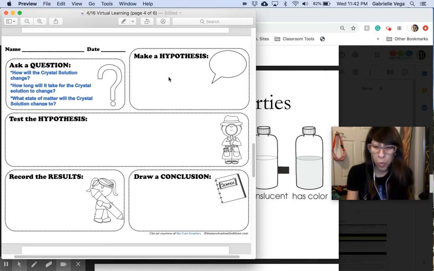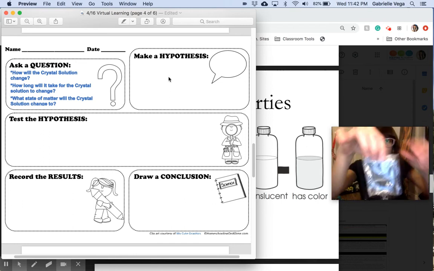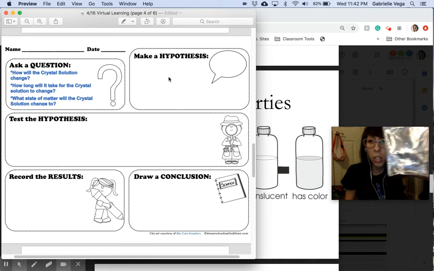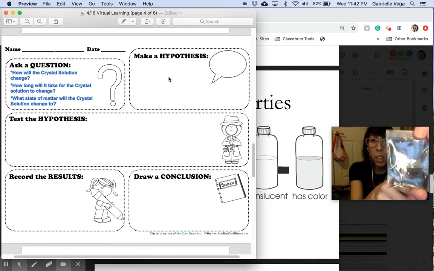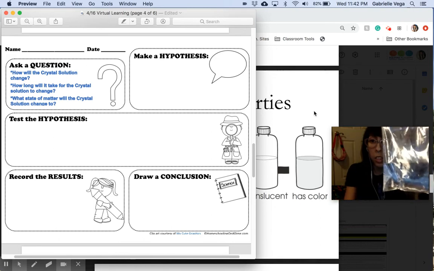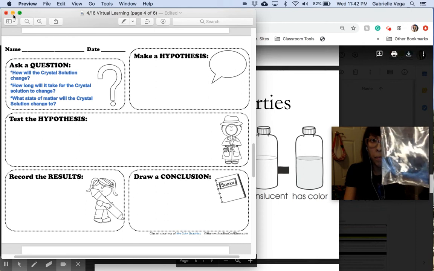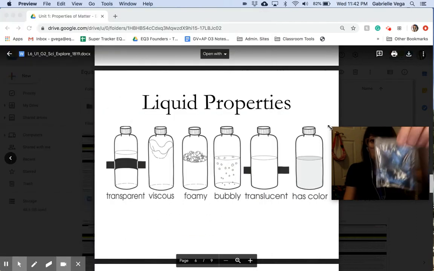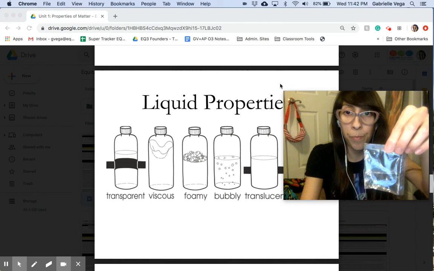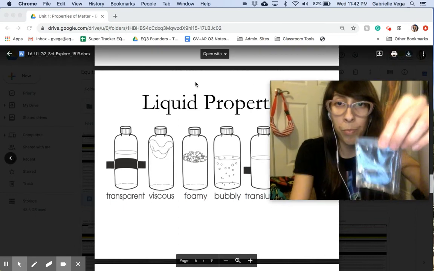So before we make a hypothesis, I want to show you what the crystal solution looks like. So here we are. Here's our crystal solution in this bag. Go ahead and take a look at it. Let me make it a little bit bigger for you here. There we go.